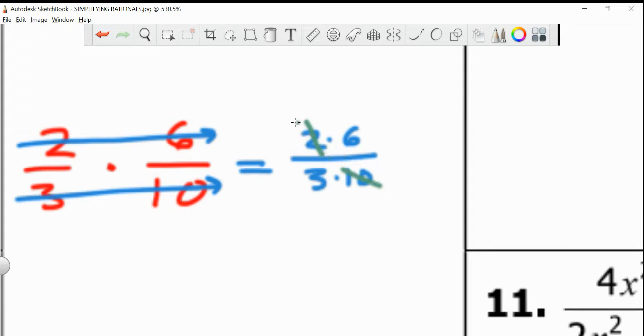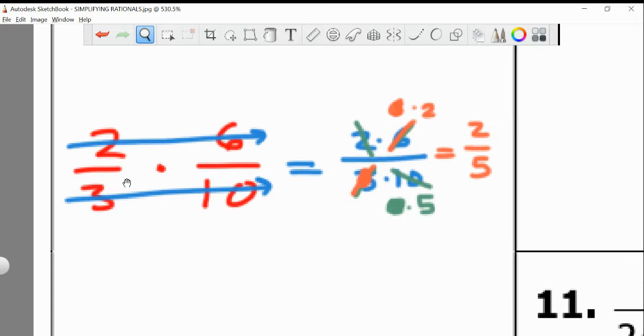This 2 is going to completely go away, and this 10 is going to have a 5 left behind, because that's basically 2 times 5, and the 2 have canceled out. And I could also say this 3 and this 6 could cancel out. Maybe I'll use a different color to make it clear. That's going to have a 2 left over, because 6 is kind of like 3 times 2, and the 3 have canceled out. And so you could say that this is 2 over 5 as our answer. There's a 2 on top, there's a 5 on bottom.